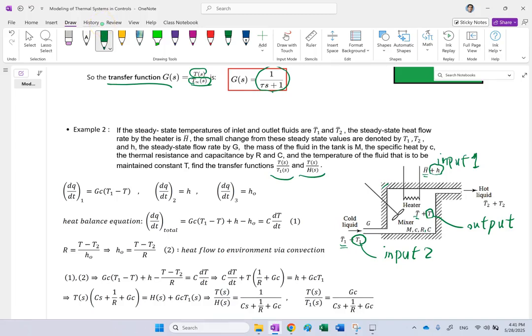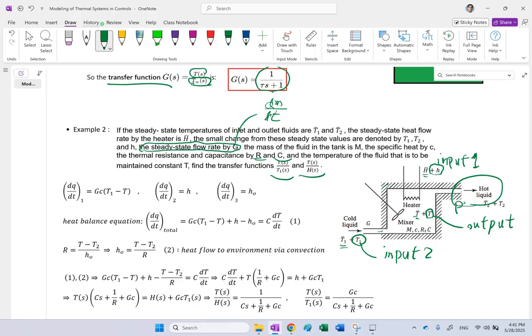Now, the mass flow rate into the system and out of the system is shown by G. So G is m dot basically, that G is dm over dt, in and out of the system. The capacitance of all of this material inside the tank is C. The resistance R is considered for the convection that you have here between this outgoing material and the environment.